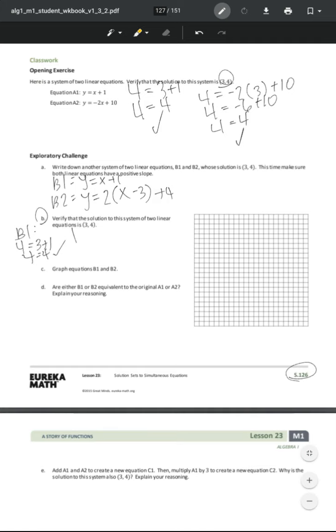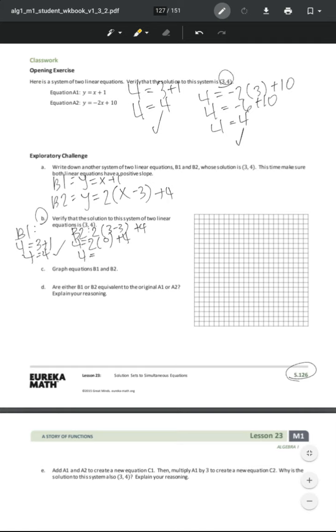Now we're going to do the same thing for B2. And B2, again, we changed it because it now has a positive slope. So this gives me 4 equals 2 times (3 minus 3) plus 4. 3 minus 3 is 0, sorry, I forgot to write equals 4.